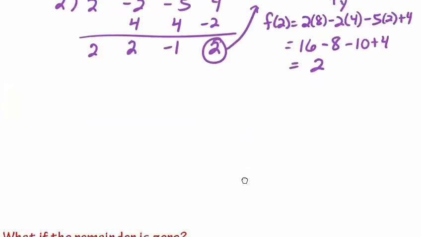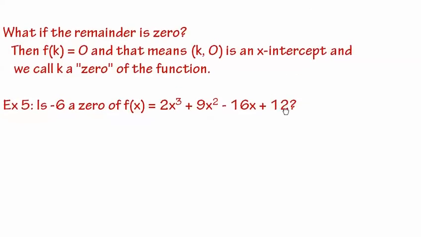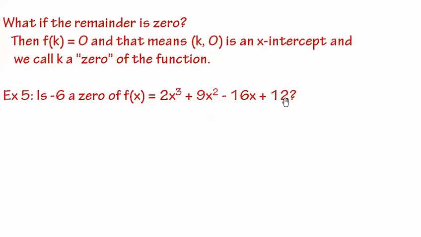All right. So what if that remainder turned out to be 0? Well, then, of course, the coordinate, the xy point, would have 0 as its y-coordinate, and that happens to be an x-intercept, and we call it a 0 of the function. So let's try one more type of question.